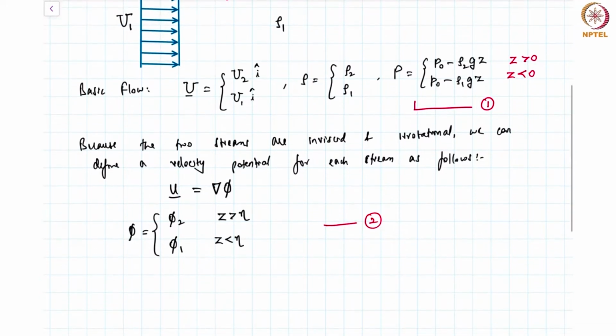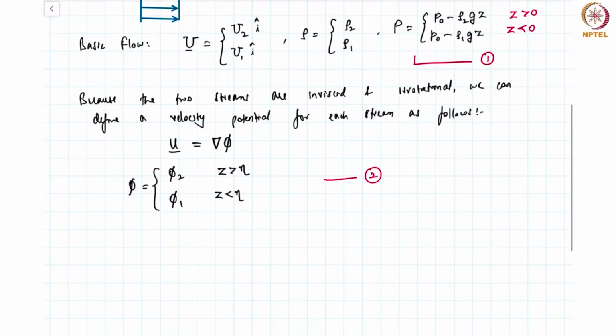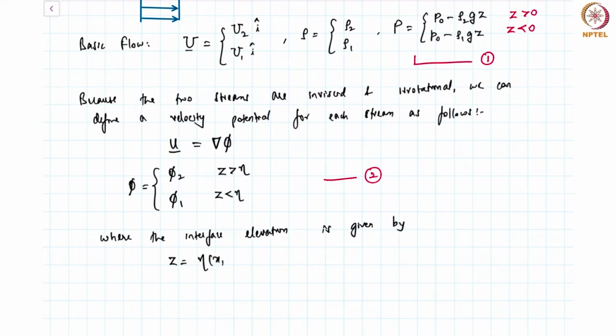Now the interface position itself, where the interface elevation is given by z is eta of x, y and t. We will label this as 3.